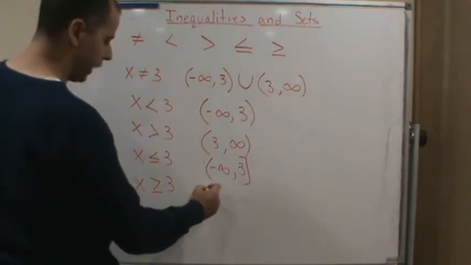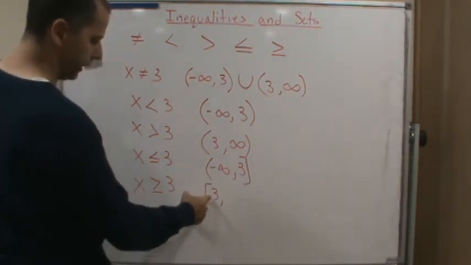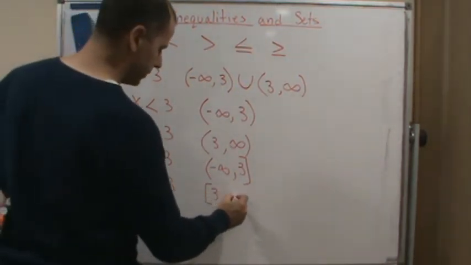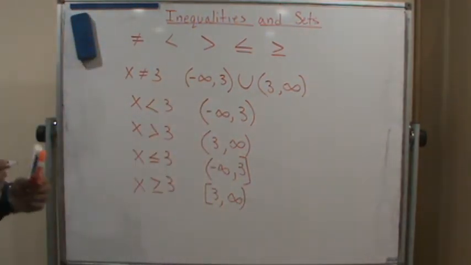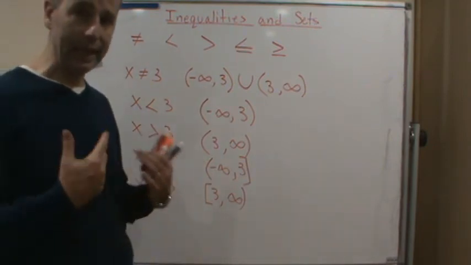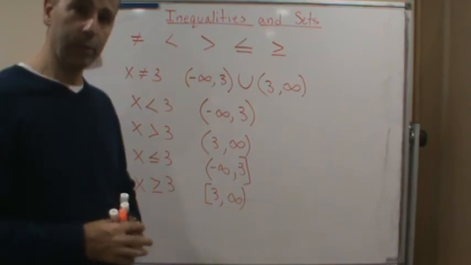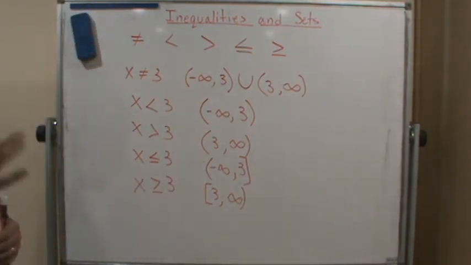And for greater than or equal to 3, I go from 3 with a square bracket, meaning that 3 is in the set, to positive infinity. The reason we always use parentheses with infinity is because we never reach infinity, so we never use square brackets with infinity. That's why, if you're wondering.